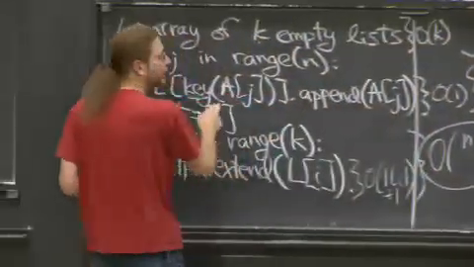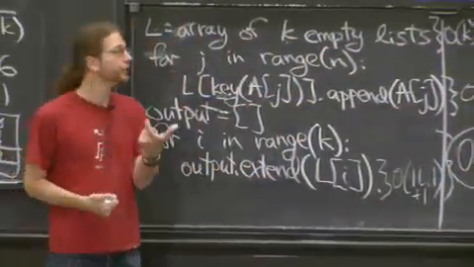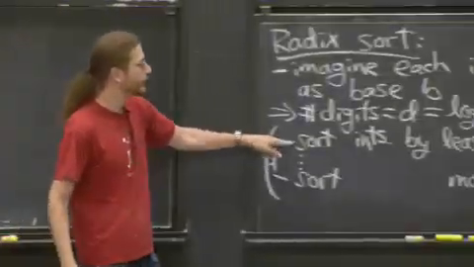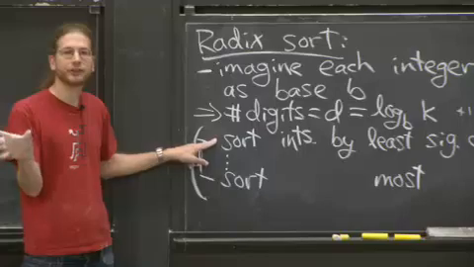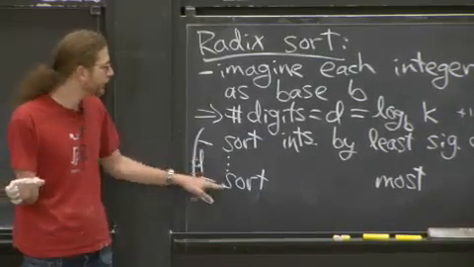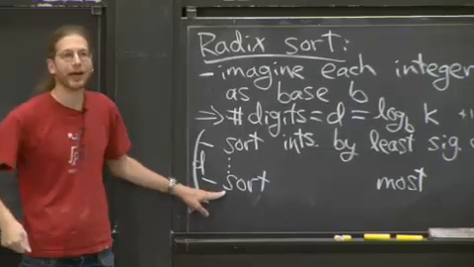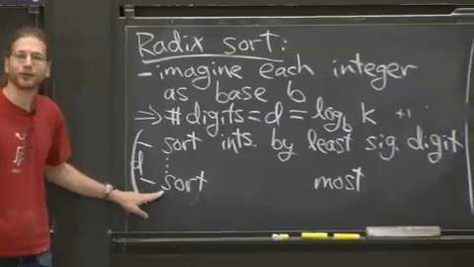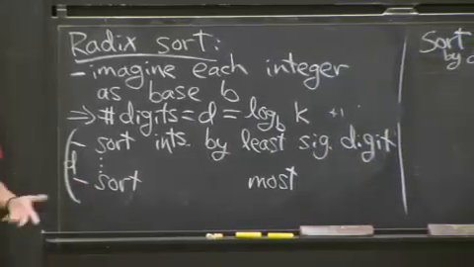When we say key of one of our integers, what we do is compute the digit we care about. So if we're in this step, the key function will be compute the least significant digit, which is like taking it mod b. To compute the most significant digit is like dividing by b to the power d minus 1 or so.